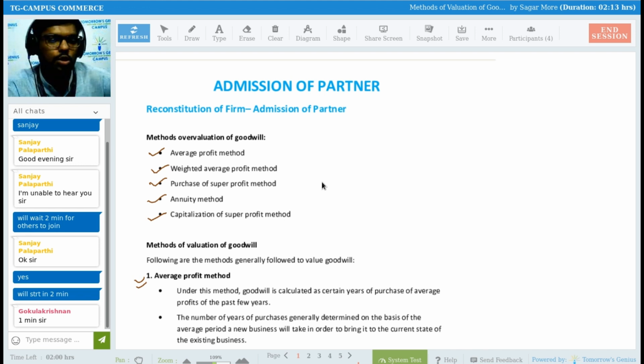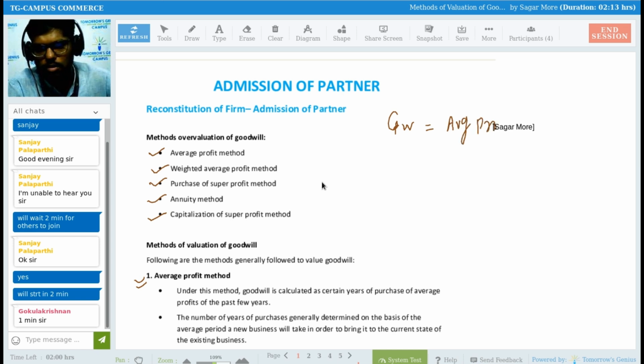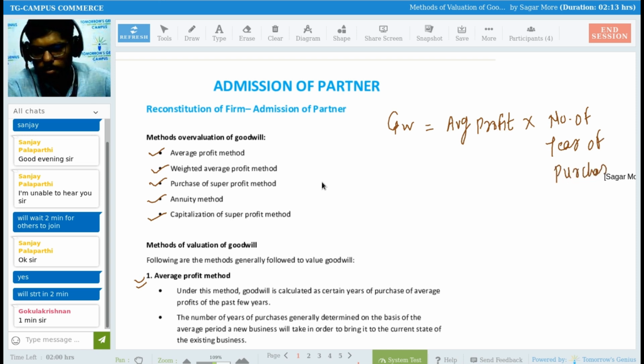When we are talking about the average profit method for goodwill valuation, the goodwill formula is average profit multiplied by number of years of purchase. What is the formula? Goodwill is equal to average profit multiplied by number of years of purchase.